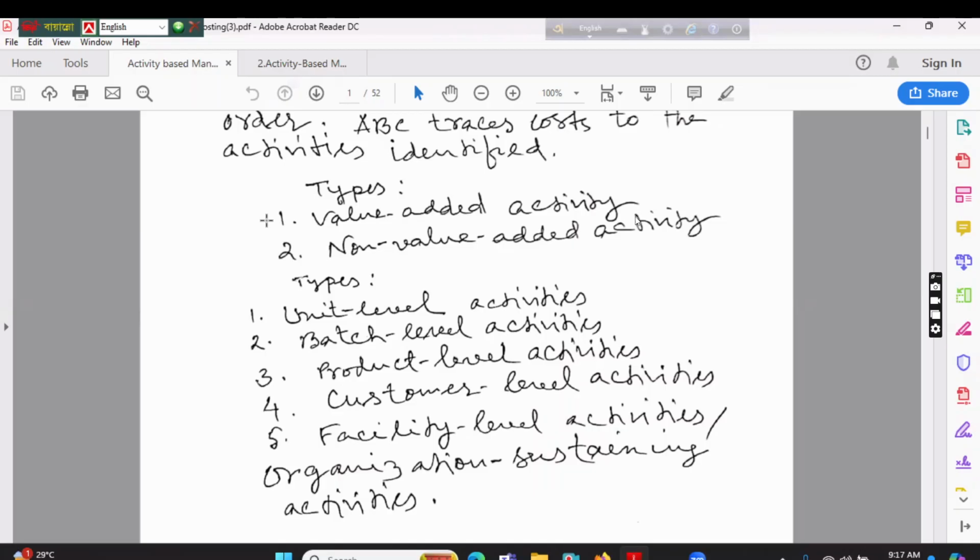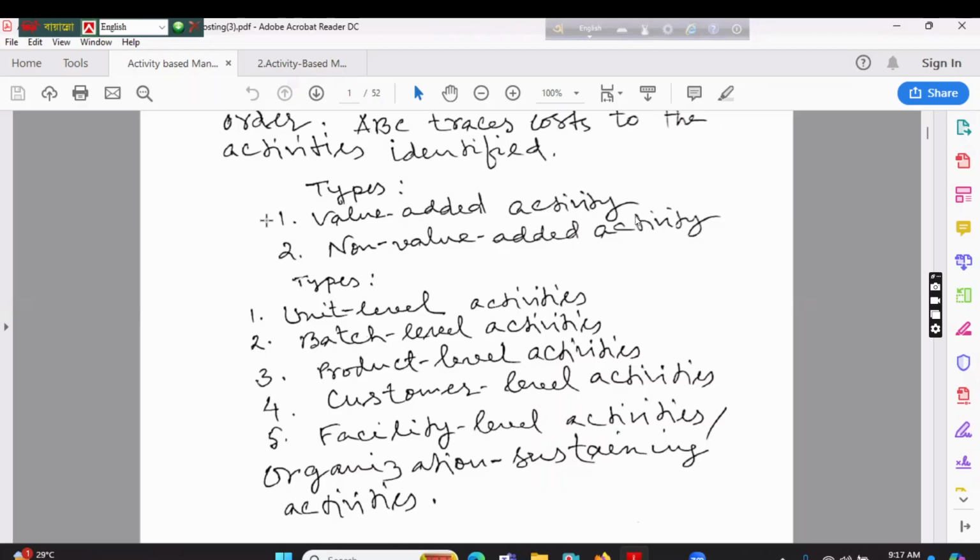Now, types of activities. For the purpose of cost reduction, write down, we classify activity into two categories: value-added activity and non-value-added activity.